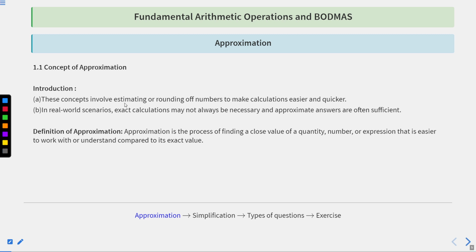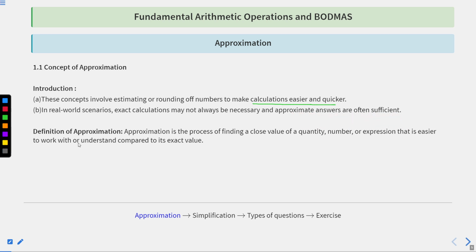These concepts involve estimating or rounding of numbers to make calculation easier and quicker. In real-world scenarios, exact calculation may not always be necessary and approximate answers are often sufficient.